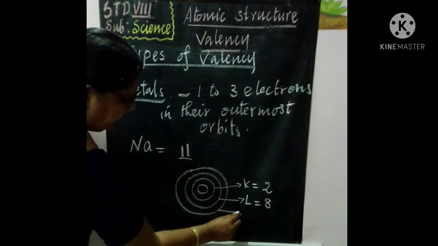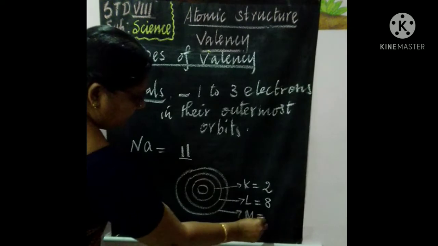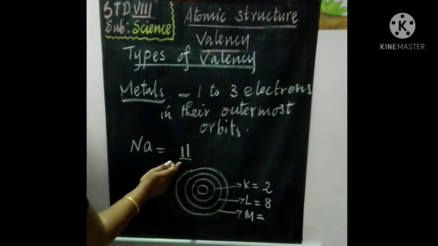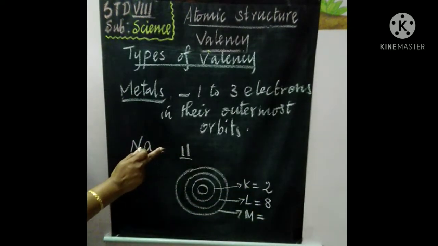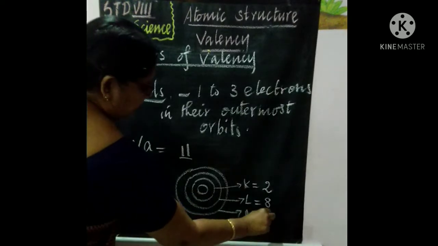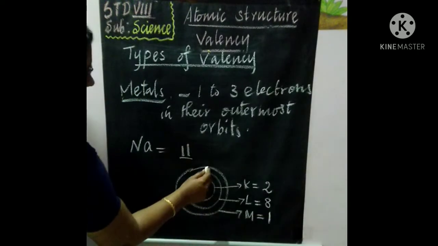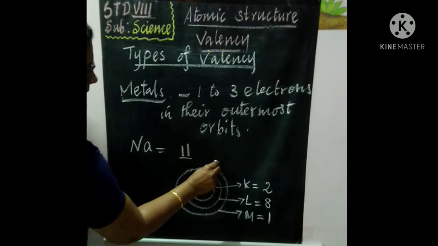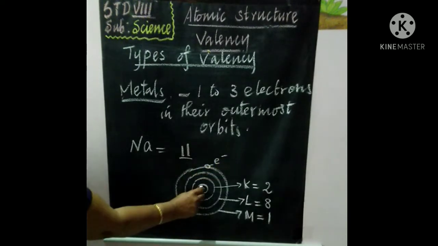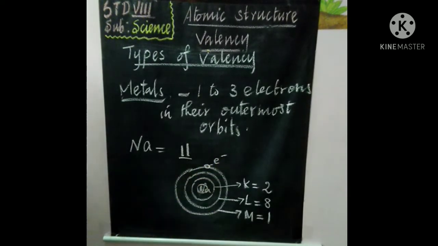And this is the shell M. Already 10 electrons have been arranged. So what is remaining? Only 1. This electron is revolving in the outermost orbit of a sodium atom. So what is the valency of a sodium atom?